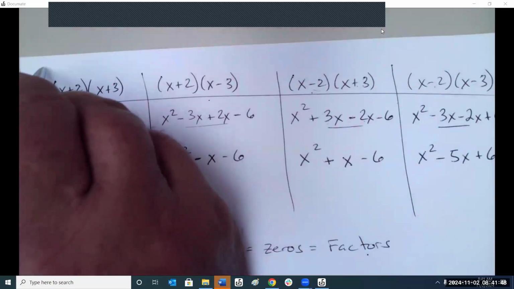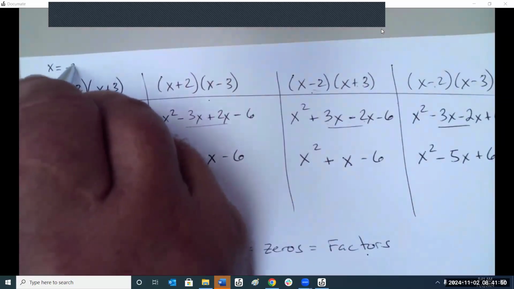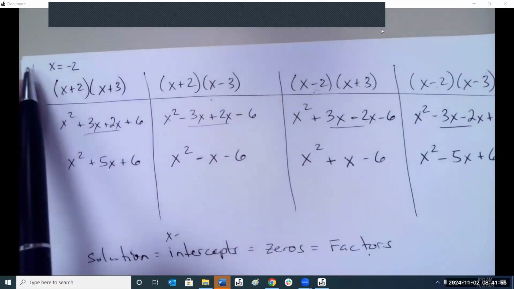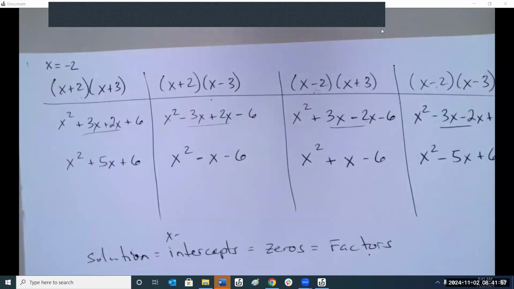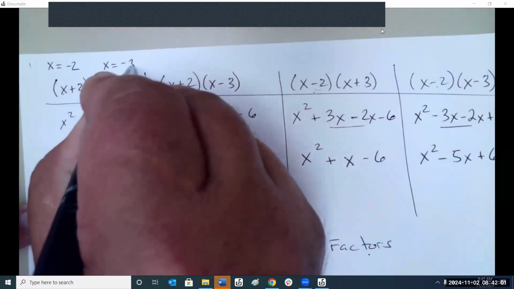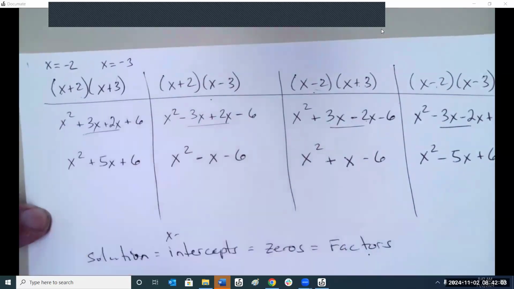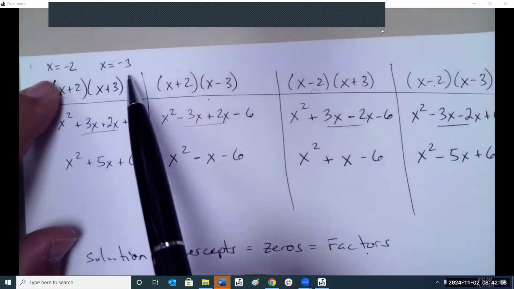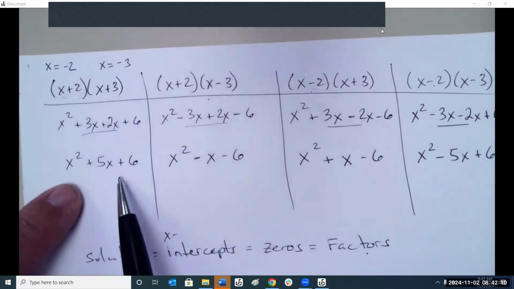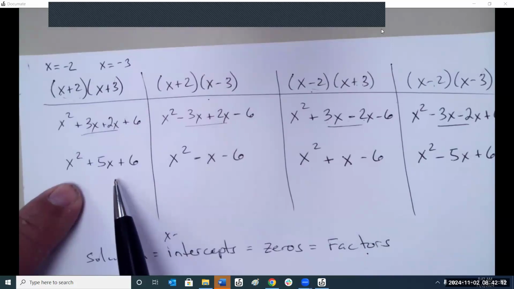Well, this is saying if x equals negative 2, I move the negative 2 over, I get x plus 2. If x equals negative 3, I move the 3 over, I get x plus 3. So these are the solutions. I put them in the equations they came from, and that's the polynomial they came from.